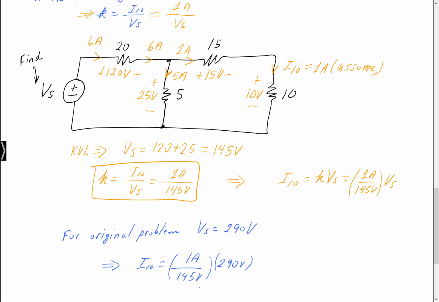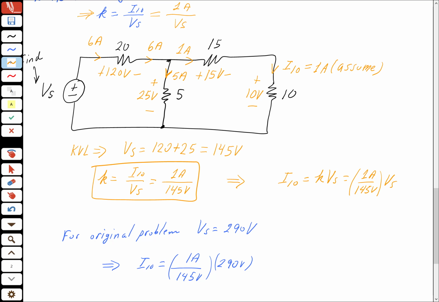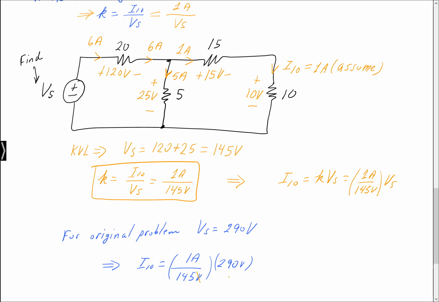I just want to show you that this volt and this volt cancel, leaving you with amps, right? So 290 over 145 is 2, so the result is 2 amps.